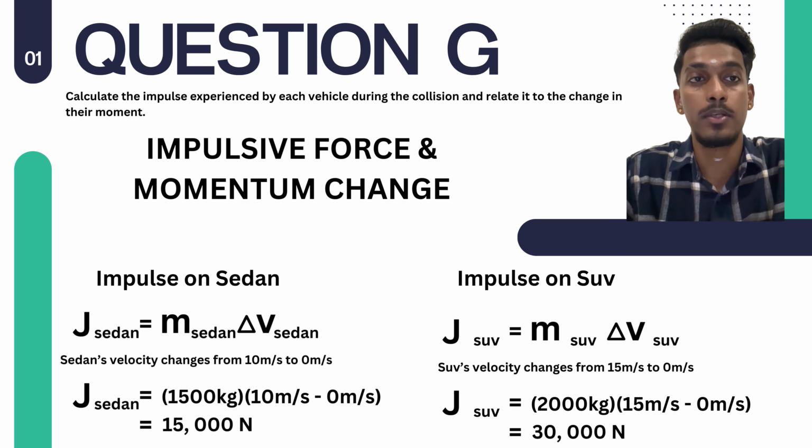Then the impulse will be 2000 kilograms times 15 meter per second, which results in 30,000 newton seconds. This confirms the direct relationship between force, time and momentum change for both.